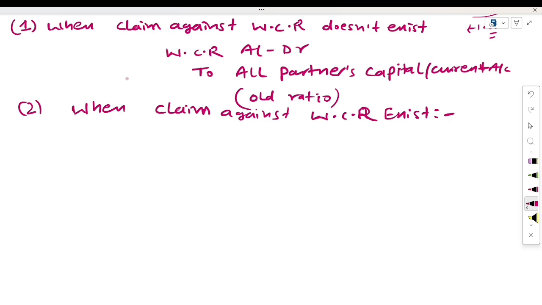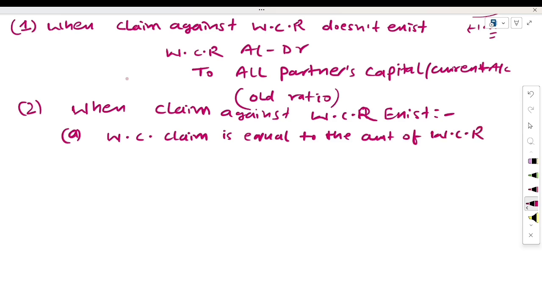Now, first we will talk about case A. Workmen compensation claim is equal to the amount of workmen compensation reserve.